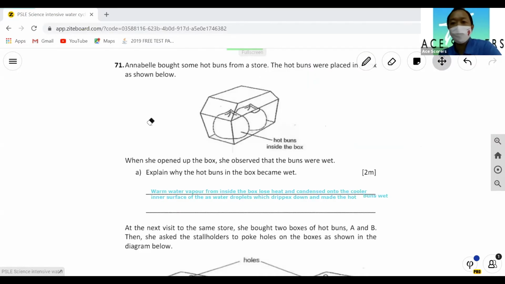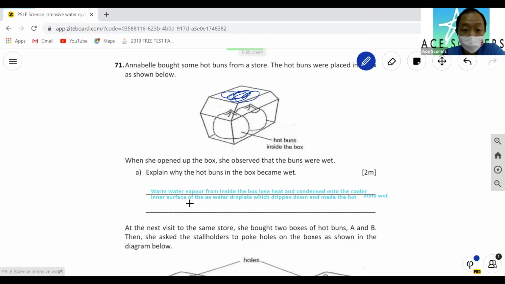Okay, so this is for part A. Right, let's go through this. Now you've done this a zillion times, yeah? So actually the answer is here. Why did the hot buns become wet? Now when they're hot, there's warm water vapor inside, right? So warm water vapor comes into contact with the cooler inner surface. Where's the cooler inner surface? It's right here. Warm water vapor touches that and loses heat.